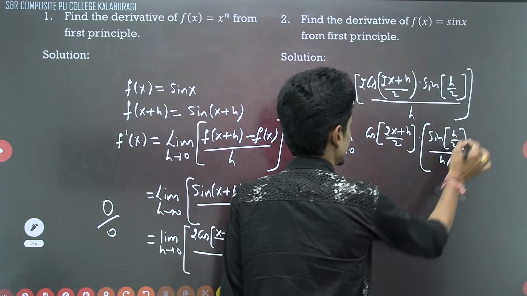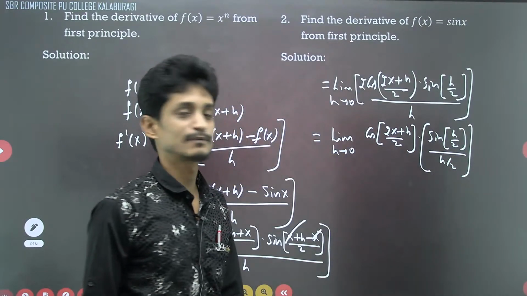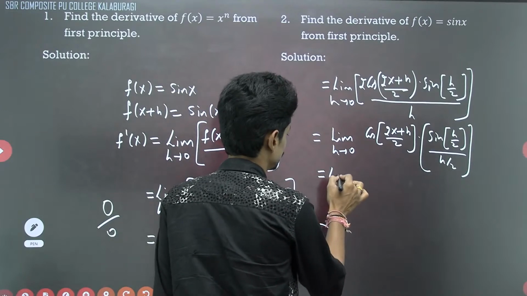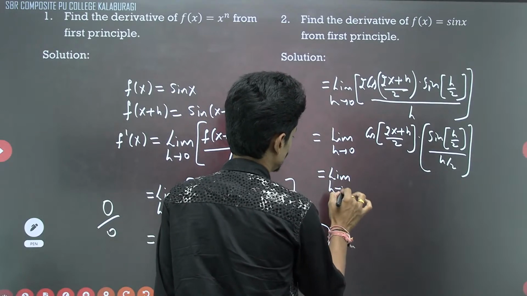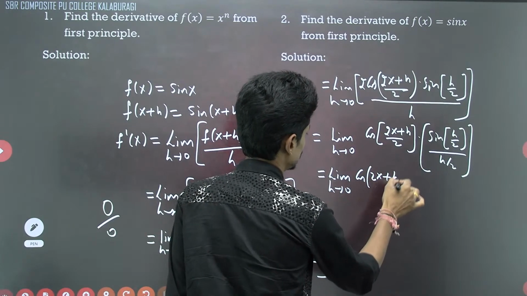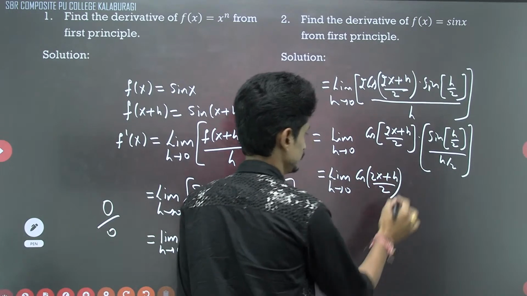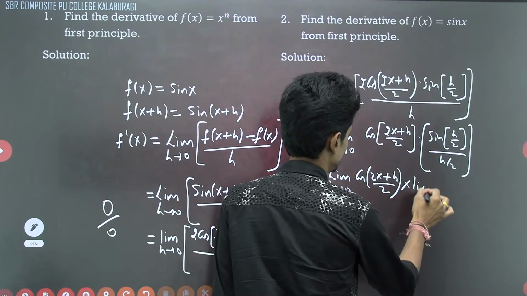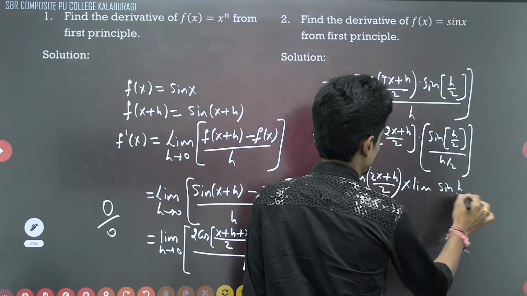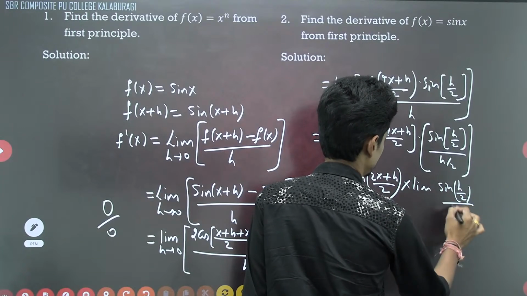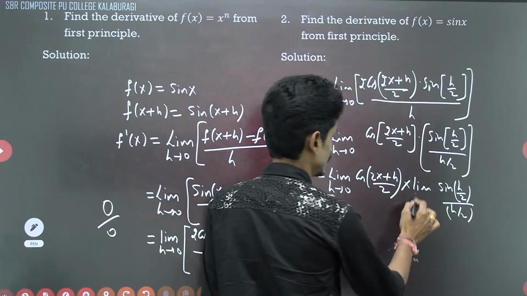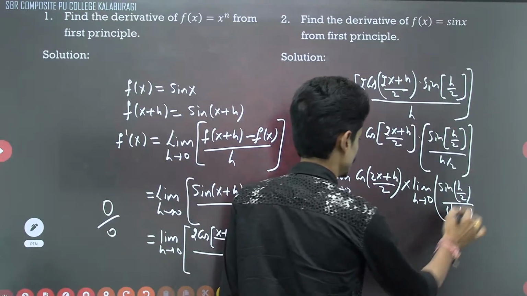This is another way. Apply algebra of limits for f of x into g of x, that is limit as h tending to 0 of cos of (2x plus h) by 2 into limit of sine of h by 2 divided by h by 2, here too as h tending to 0.